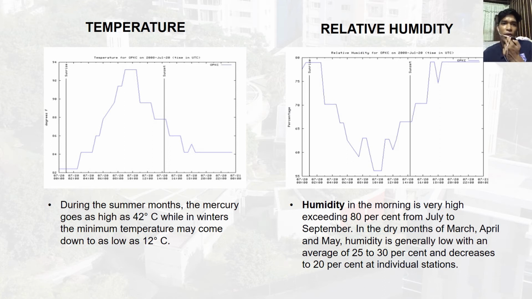And for relative humidity in Hyderabad, the humidity in the morning is very high, exceeding 80% from July to September. And in the dry months of March, April and May, humidity is generally low, with an average of 25 to 30% and decreases to 20% at individual stations.